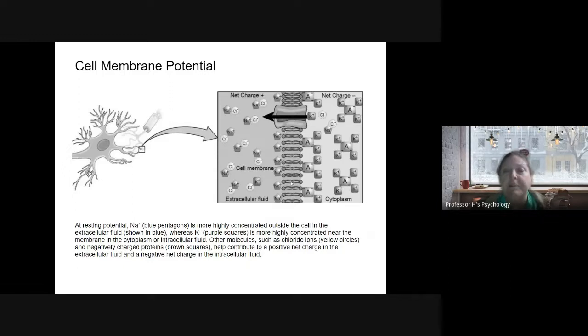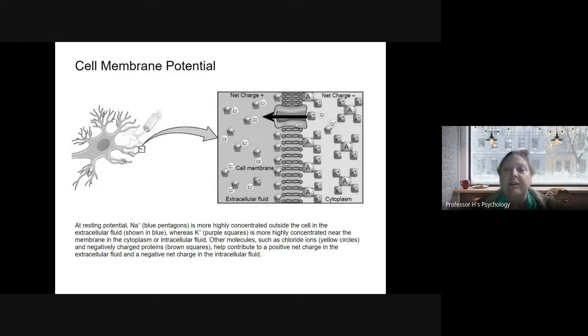Embedded within this lipid bilayer in our cell membrane are other types of proteins. This particular image here is a protein that is used for little molecules to travel back and forth across the membrane. So this would be a type of channel. We would call this a protein channel.